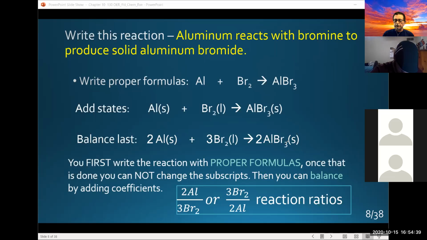So there's 3 atoms of bromine attached to the aluminum, and I got 2 of those, so 2 times 3 is 6. And with bromine, there are 2 bromine atoms for each molecule. 3 times 2 is 6.